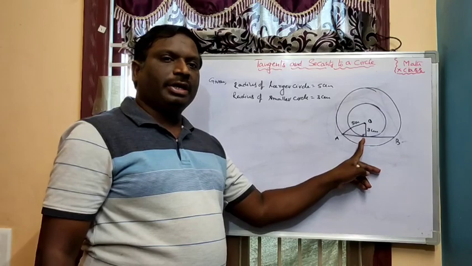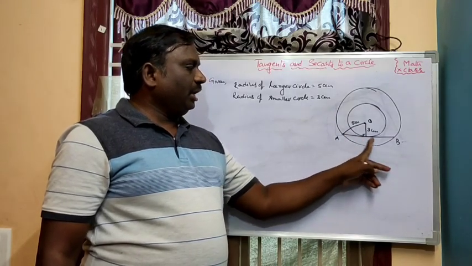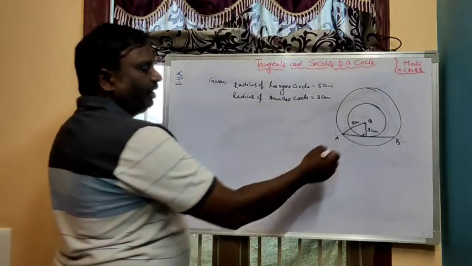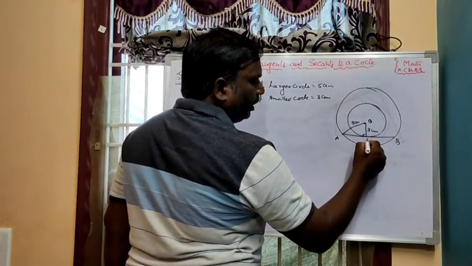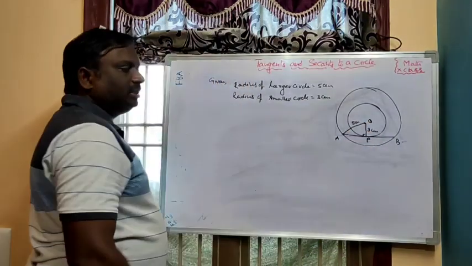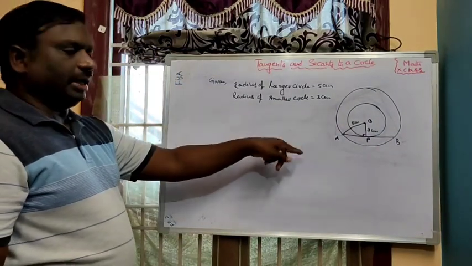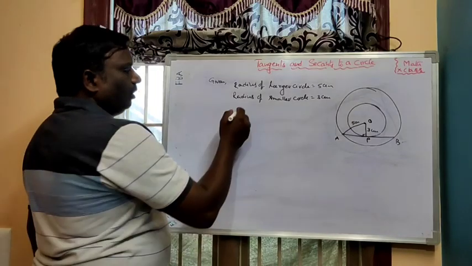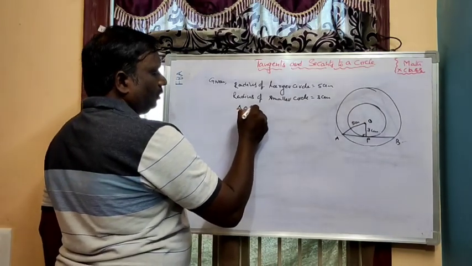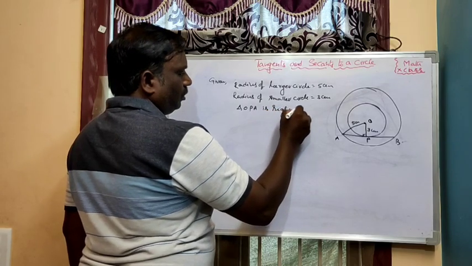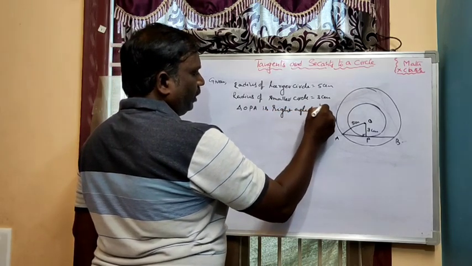At the point of contact, the angle between tangent and radius is 90 degrees. Taking this point as P, triangle OPA is a right angled triangle, since one of the angles is 90 degrees.